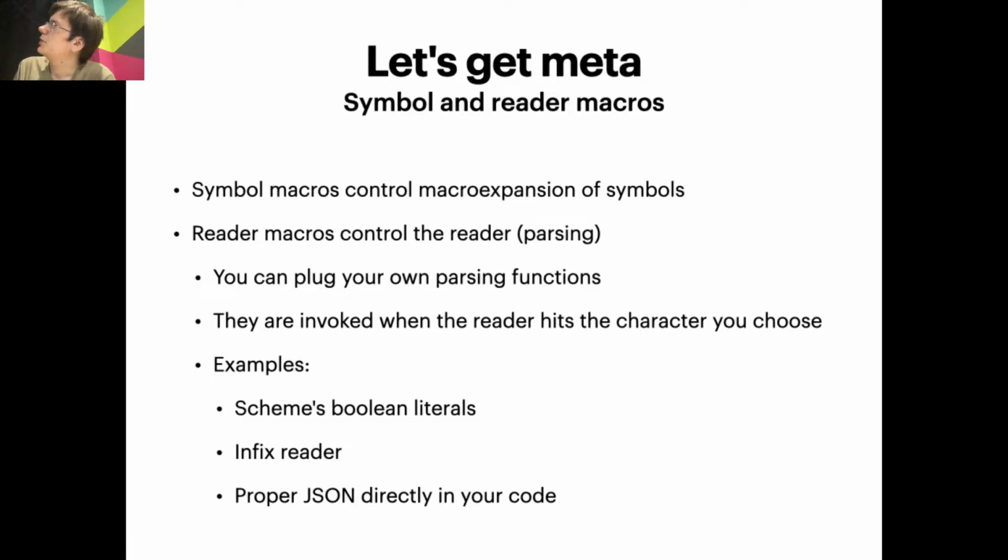So basically we can extend the parser of our implementation with these macros. We can plug in our own parsing functions, and they are invoked whenever the parser or the reader hits the character we are overriding. So we can implement various things. For example, we can add new literals. I personally implemented my own Scheme booleans in my Scheme compiler in Common Lisp.